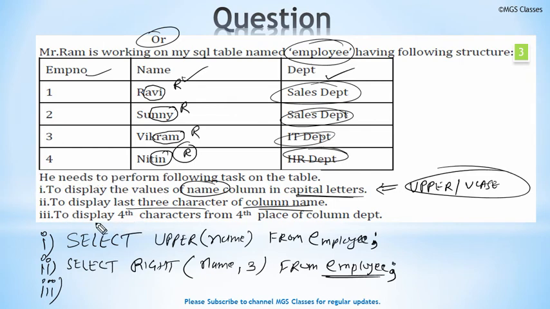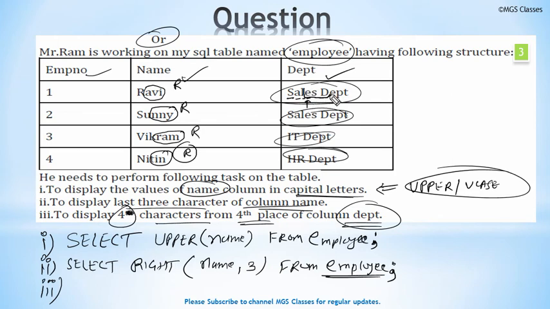Now let's see the third question: to display 4 characters from the 4th place of the column department. From the department column, what he wants is, from position 4, 1 2 3 4, to display the 4 characters.